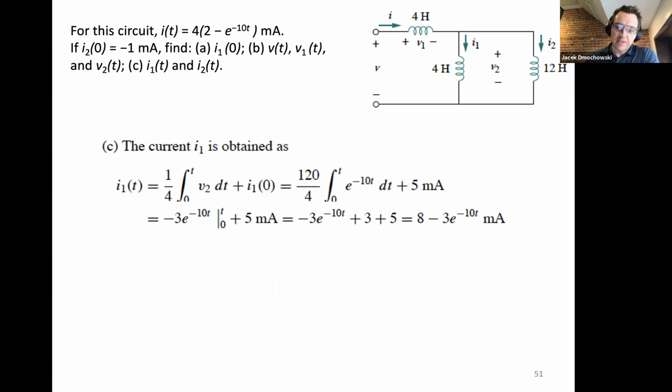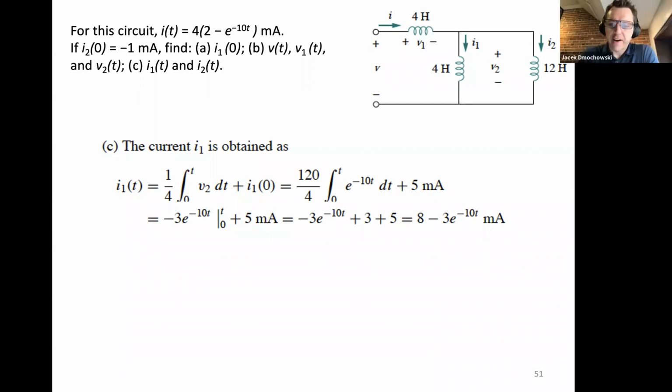So now let me ask you, for I1, which is the current through the 4 Henry inductor, what is the value at time equals 0, and what is the value at time equals infinity? At time equals 0, it's 5 milliamps. That's right. And then at time equals infinity, it's 8. Exactly.